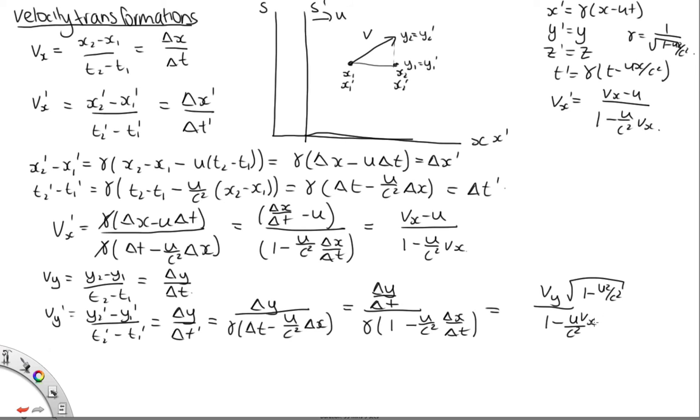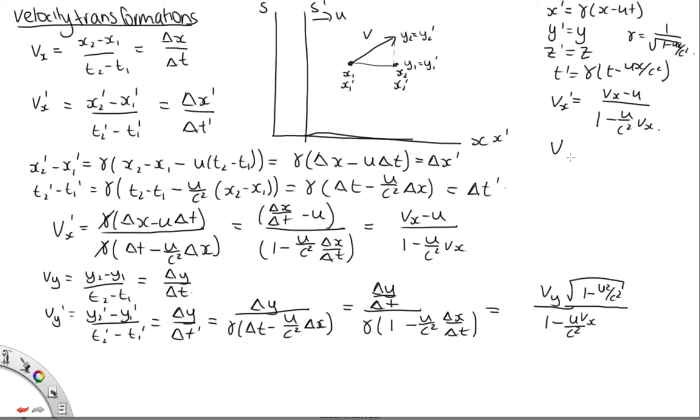So there's quite a few different velocities in this equation. You need to be careful not to get confused. Vy is the velocity in frame S in the y direction. Vx is the velocity of the particle in the x direction in frame S, and u is the relative velocity between the two frames.